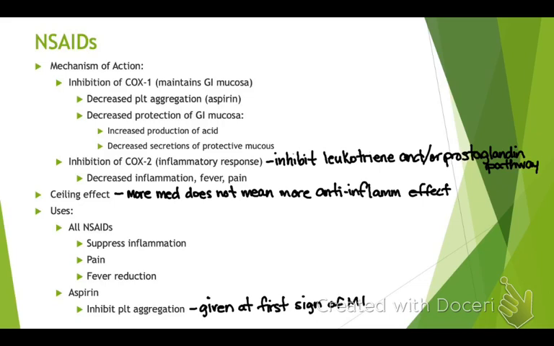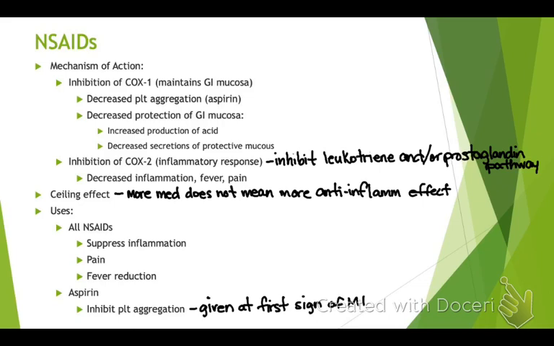So those are the meds that are specific to wanting to decrease the inflammatory response. NSAIDs will have a ceiling effect, meaning that more med does not mean that you'll have more of an anti-inflammatory effect. So just taking more milligrams doesn't mean that you're going to have a better effect of it.